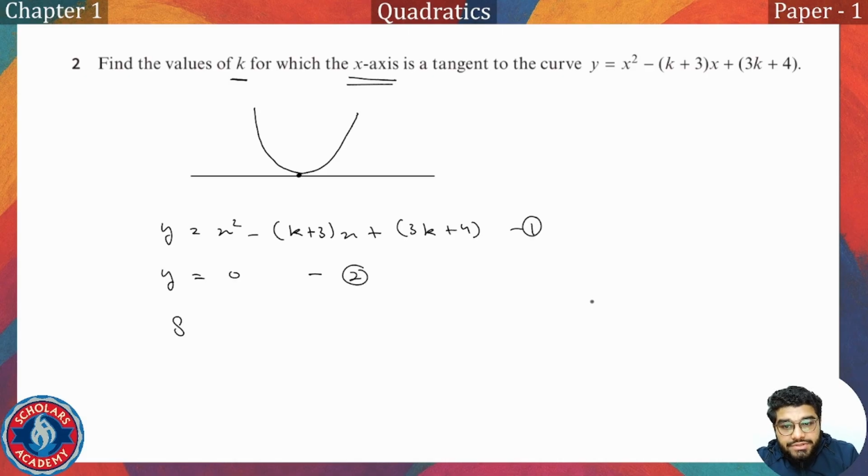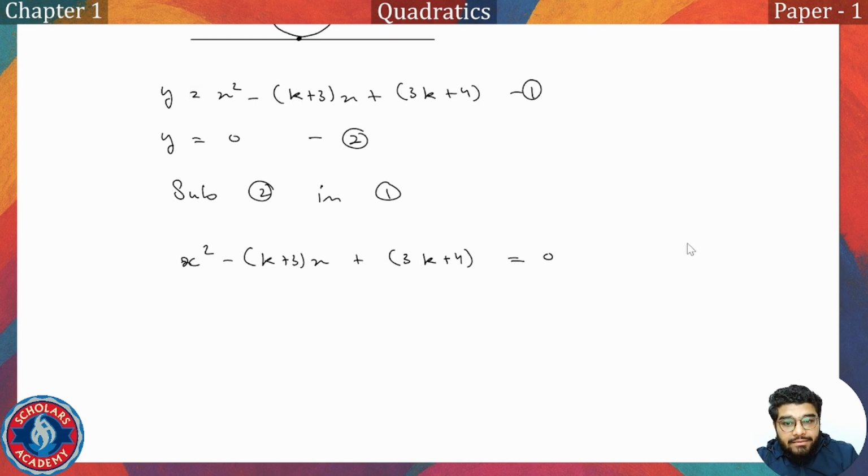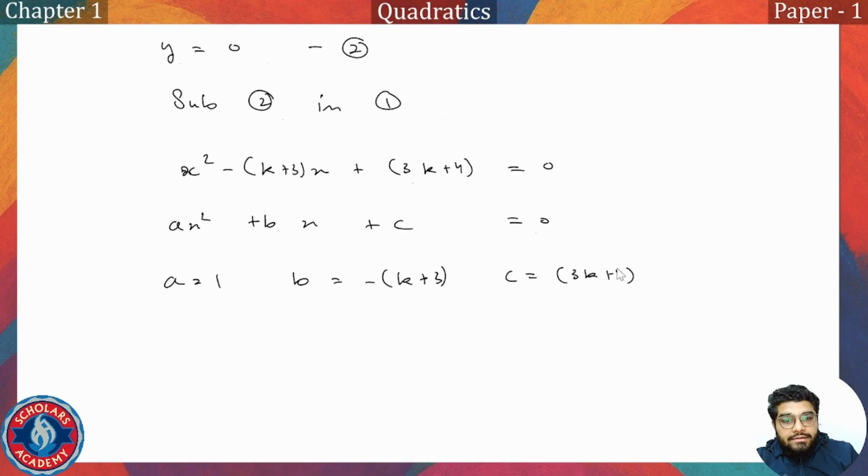So substituting 2 in 1, we get x square minus (k plus 3)x plus (3k plus 4) is equal to 0. We compare it with the general equation ax square plus bx plus c is equal to 0. We get a is equal to 1, b is equal to negative (k plus 3), and c is equal to 3k plus 4, right?